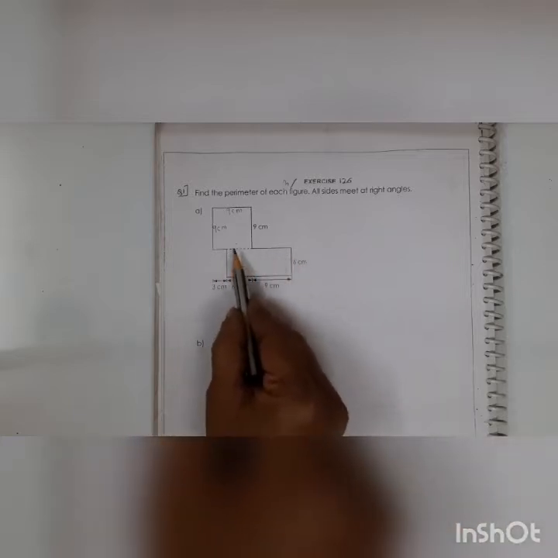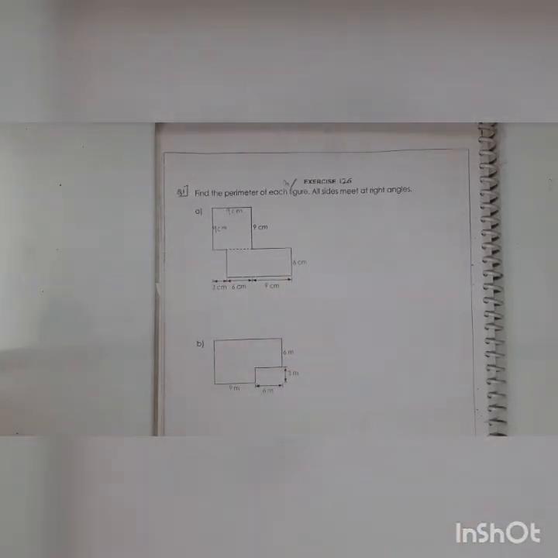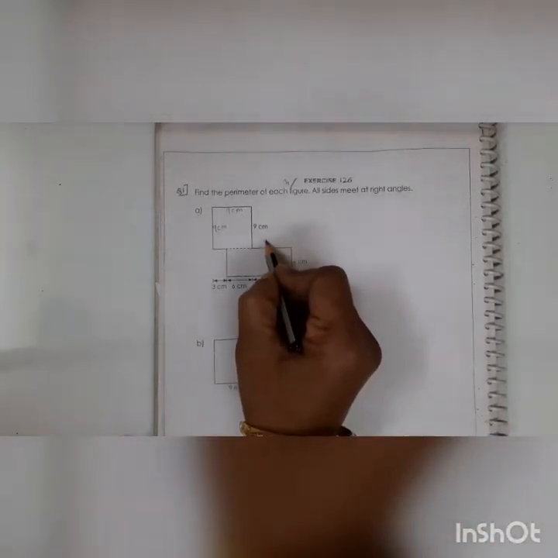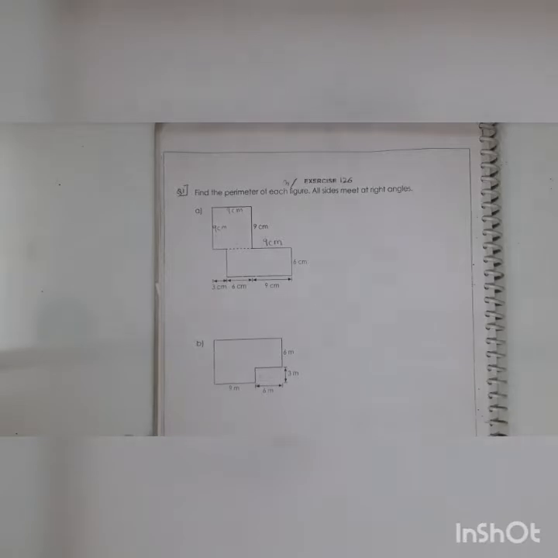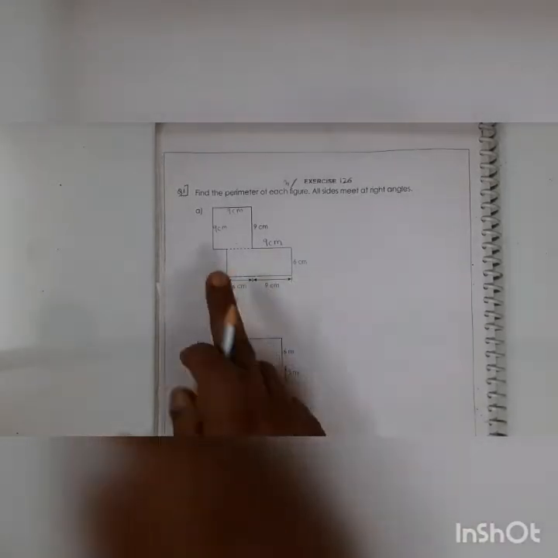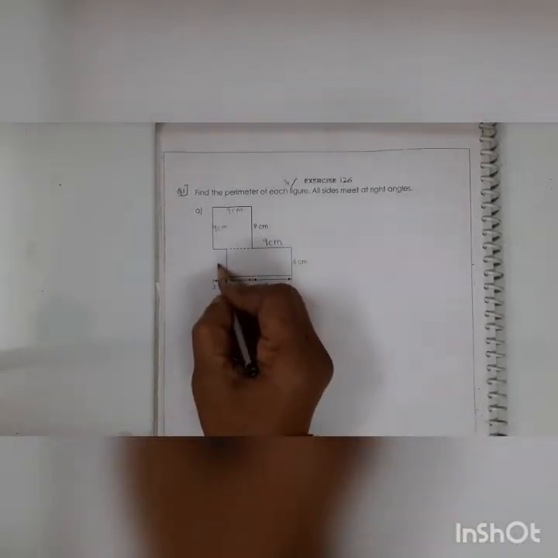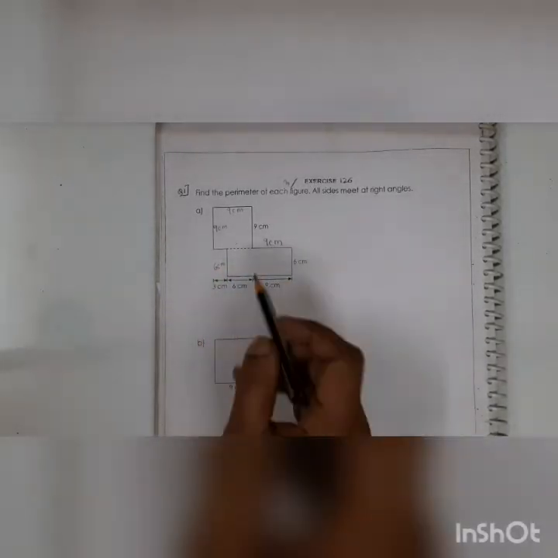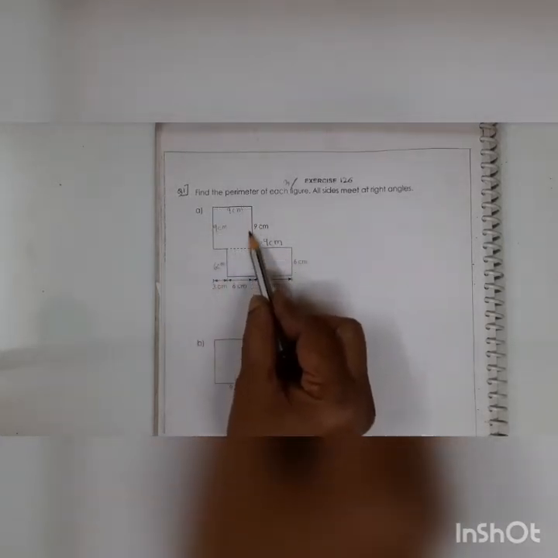Now if you look at this figure, it is a rectangle. Correct? It's a rectangle. So if this is 9, this also has to be 9. This is 6, so this also has to be 6. Children, first you number the ones which you know, which are easy. Now as I said, children, the perimeter you need to move like this.